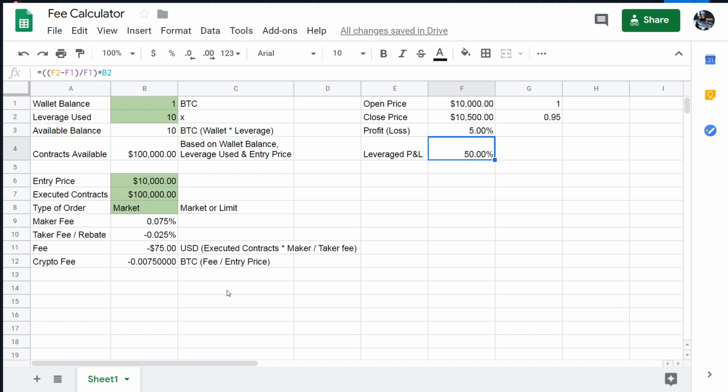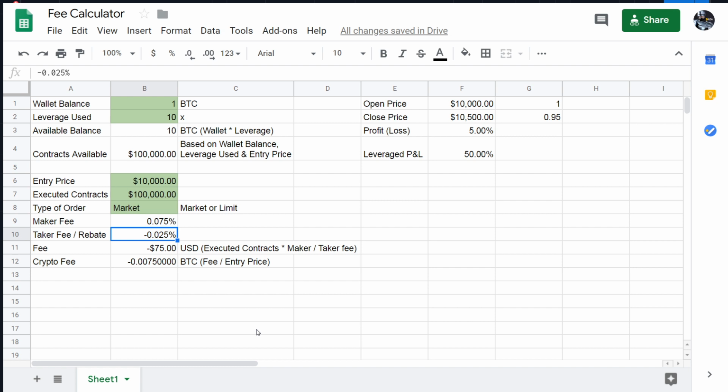Of course, you could reduce that to limit in and market out, or market in and limit out, whatever works for you. But these fees, on BitMEX, to do a market order, it costs you 0.075%, and you get paid 0.025% to do a limit order, to place an order in the order books.